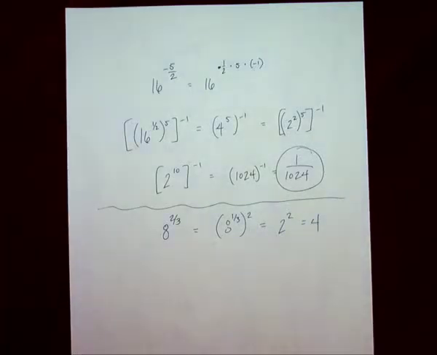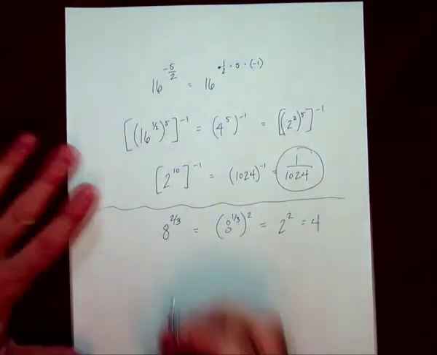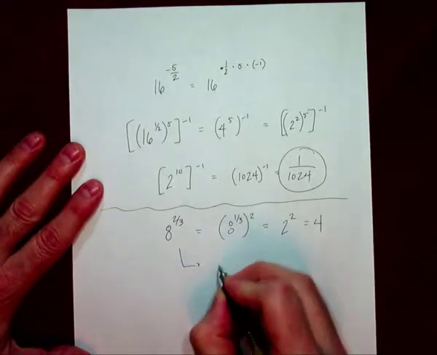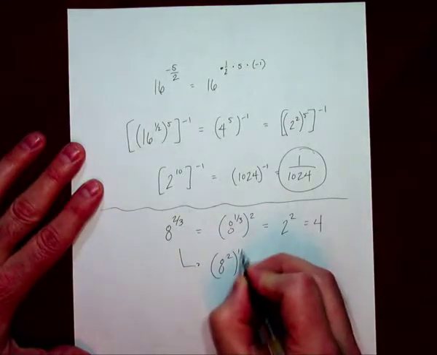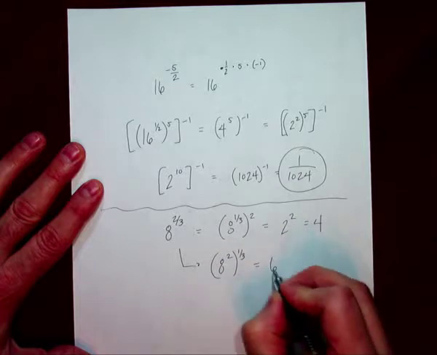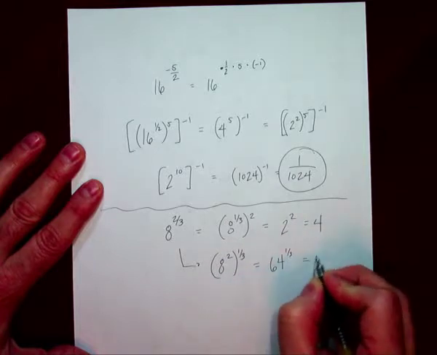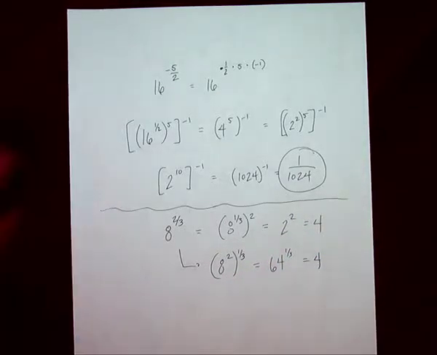You could, it's fine. 8 is small enough that if you wanted to take it to 8 squared and then to the 1/3, you get 64 to the 1/3, which is also 4. But it's usually good practice to default to doing the root first. Okay.